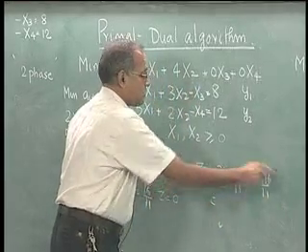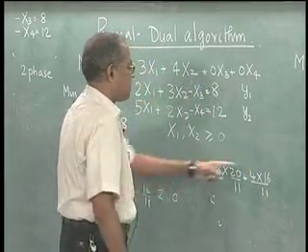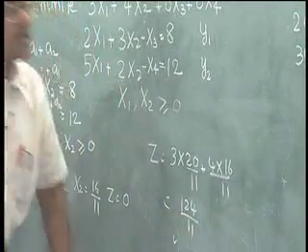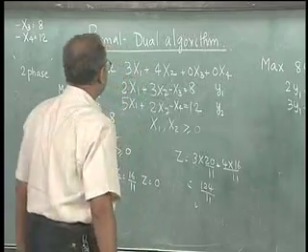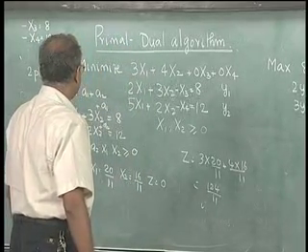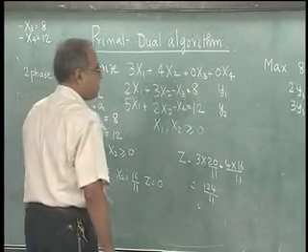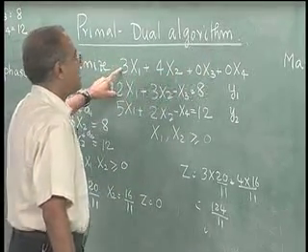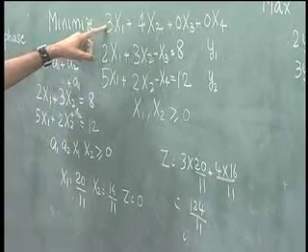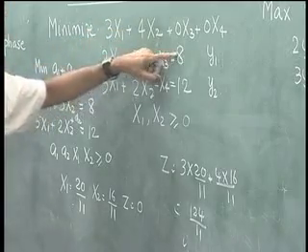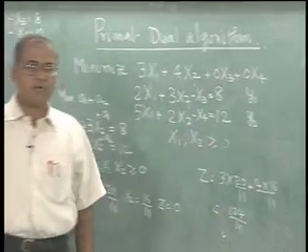This is 60 plus 64 is 124 by 11, that is 3x1 plus 4x2. So, from here we get 14 by 11 into 3 is 14 8s are 112 plus 12 124 by 11.